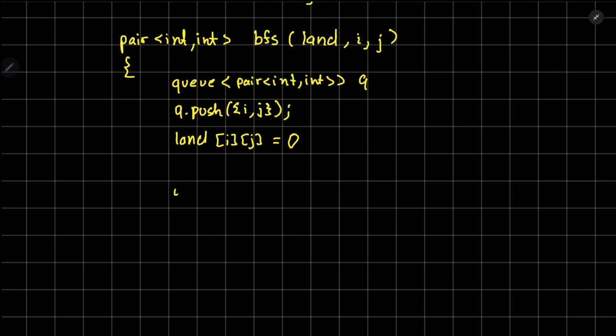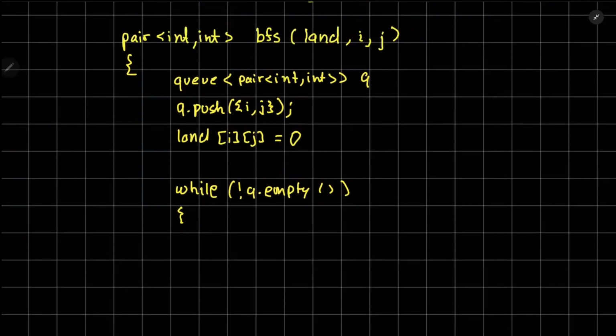So while our queue is not empty, what we will do is pop one coordinate. So we can say pair int current is equal to q dot front.